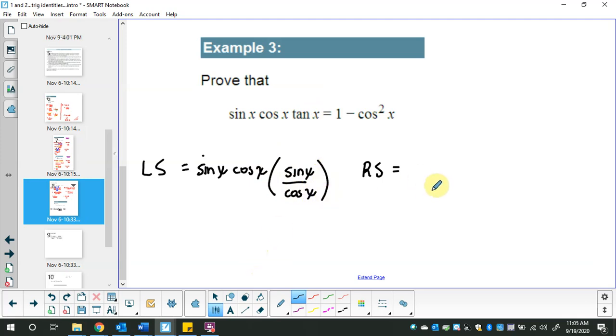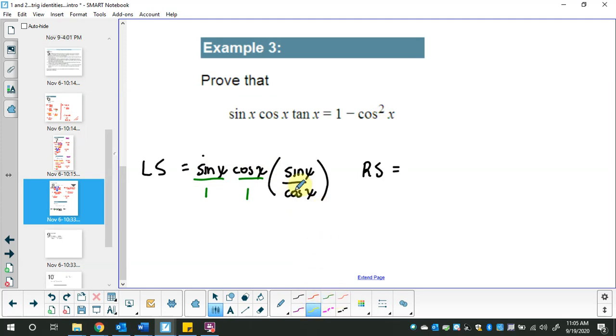You can go over to the right if you like, or you can say, no, you know what, that looks very sine and cos-like to me, so I'm going to leave it. Up to you. There are subtle differences. The left is all multiplying, so that means that I can put my 1's down to help me multiply, and I can get sine squared x cos x on the top, the cos x on the bottom.